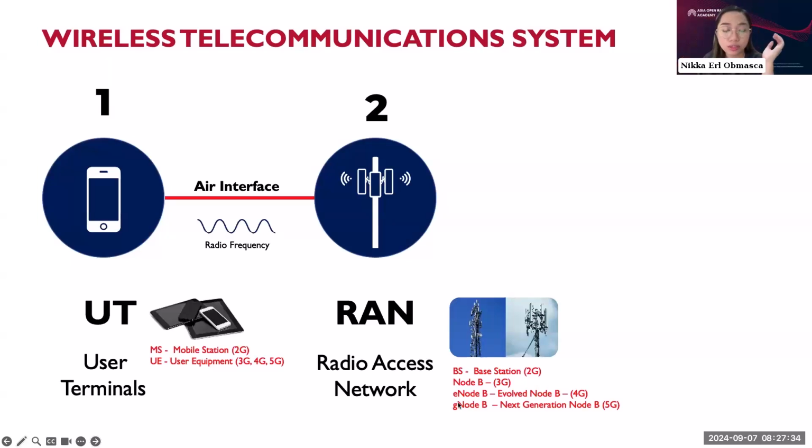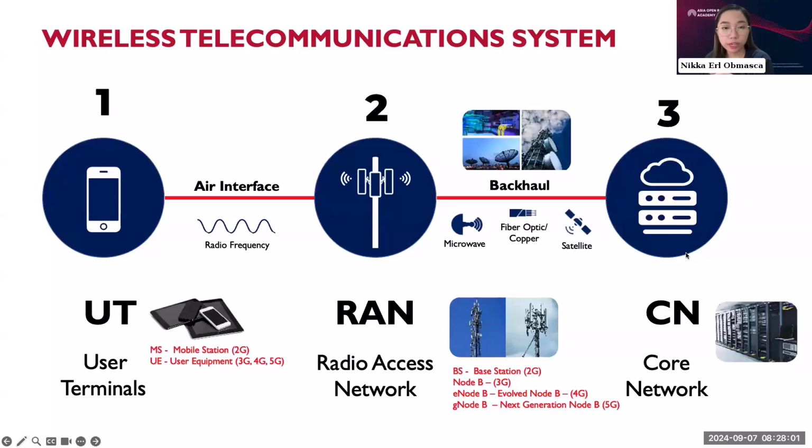So yung different technology natin has different what we call network components. So kapag 2G base station, kapag 3G node B, kapag 4G we call it E node B, kapag 5G naman we call it G node B or the next generation node B. Ayun. So yung RAN natin, it connects our user terminal to the core network.